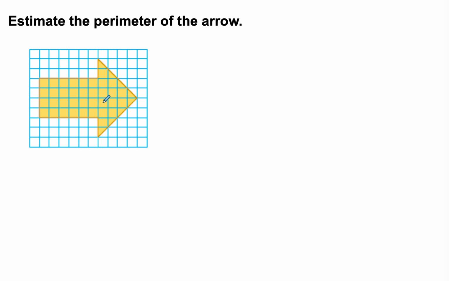So for estimating the perimeter of the arrow, when we have one like this that is on graph paper or a grid of some sort, we can count our sides and we can count our diagonals. When we count one straight side, we're counting the sides, not the squares of the area.